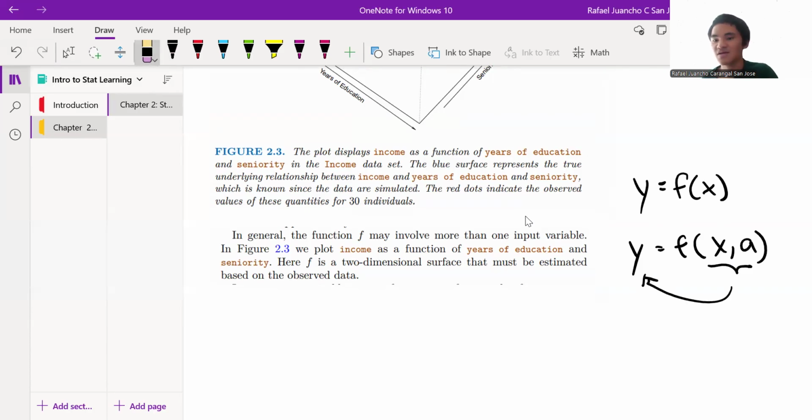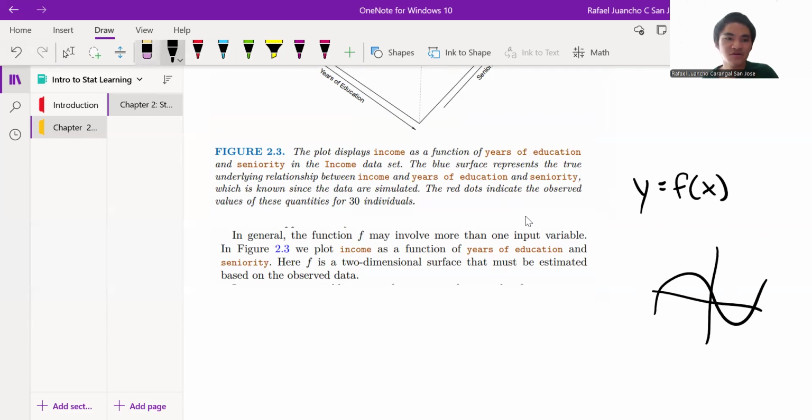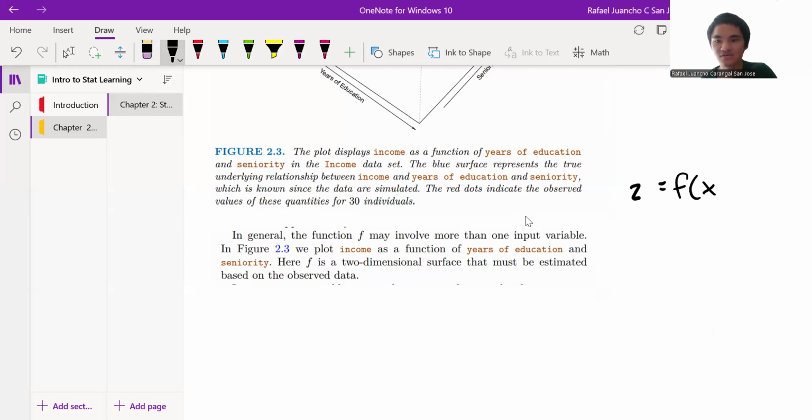And so that's the same thing, right? This one is going to be some curve in 2D. But if we were to change this and do something like this, well, then now we have a 3D thing.